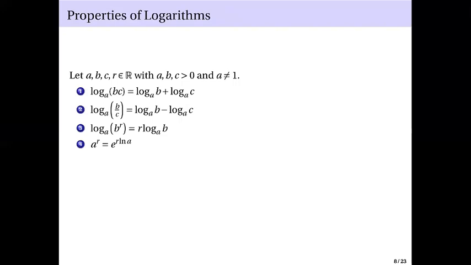So a to the r is equal to e, the number e that I introduced earlier, with exponent r times ln of a. And again, ln here is a logarithm with base e.